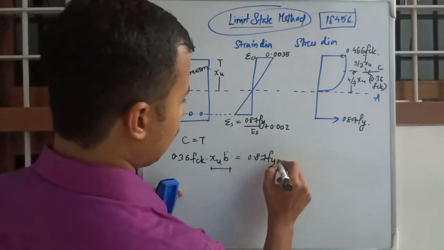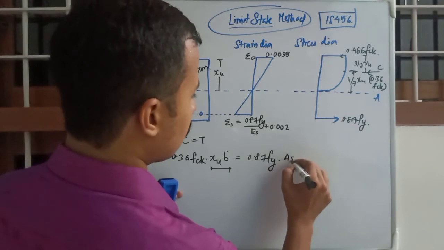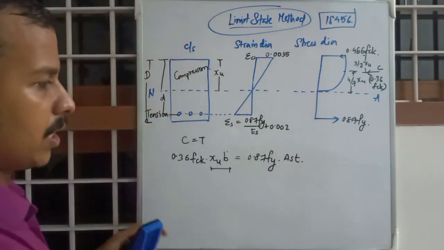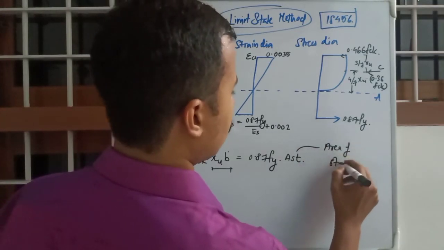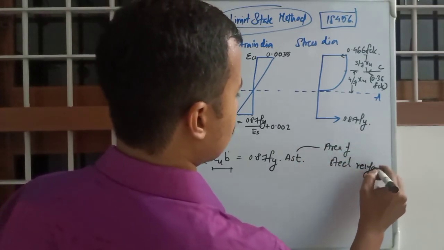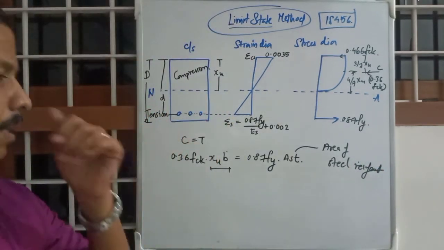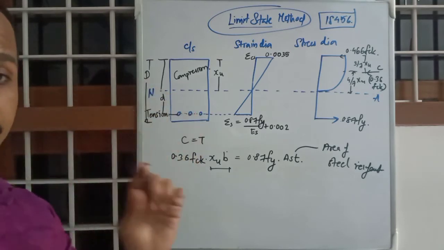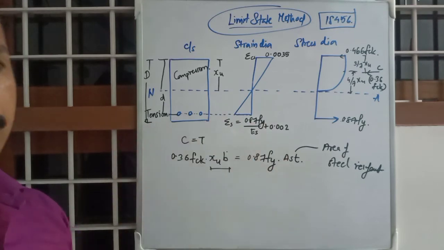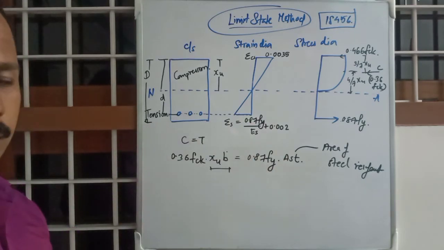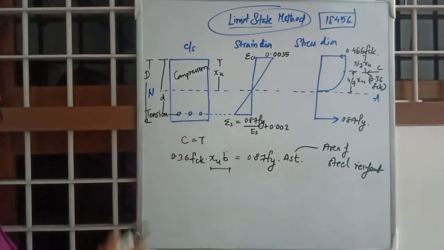0.87 Fy into the area, which we call Ast. Ast is the area of steel reinforcement, the area of this surface. If there are 3 bars of 12 mm, we will just add the areas of those 12 mm bars. Okay, pi r square or pi d square by 4 into 3.